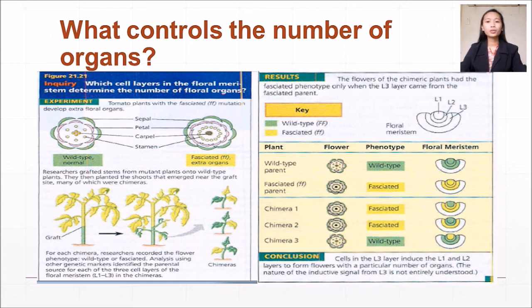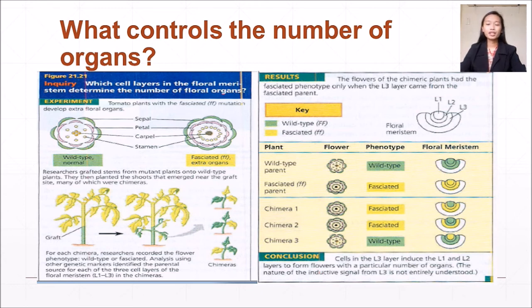So to study what controls the number of organs, researchers performed a grafting experiment. They grafted stems from the mutated plants onto wild-type plants, and then they grew plants from the shoots that sprouted near the graft sites. Many of the new plants were chimeras. Chimeras are organisms that are a mixture of genetically different cells.